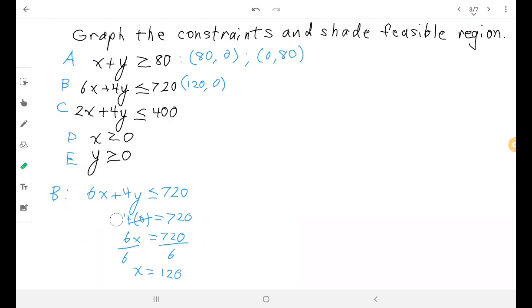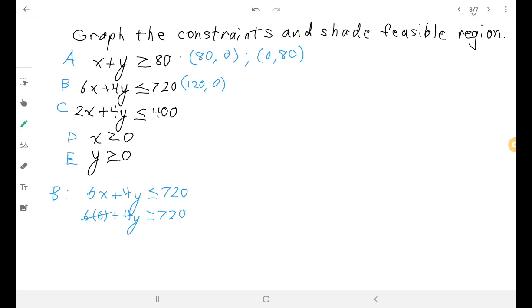That is our x-intercept. And then our y-intercept will be the y value when the other one, x, is equal to 0. So this is then 6 times 0 plus 4y equals 720.